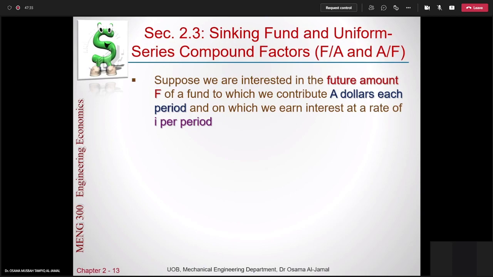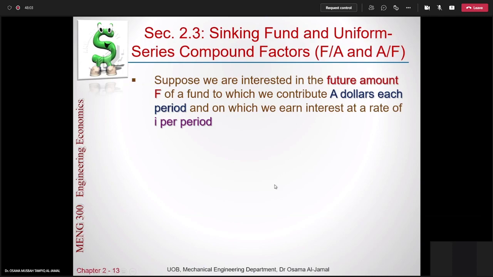You want to see at the end of the last payment, with the last payment and the last period, how much is the future amount or future value for what you contributed as an annuity, as a constant uniform amount over certain periods, and on which we earn interest at the rate of i per period.